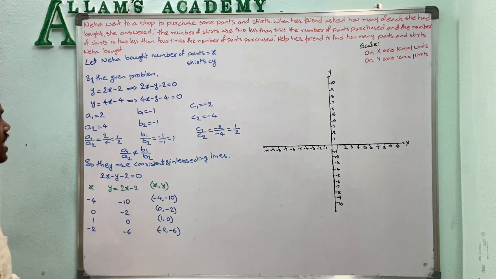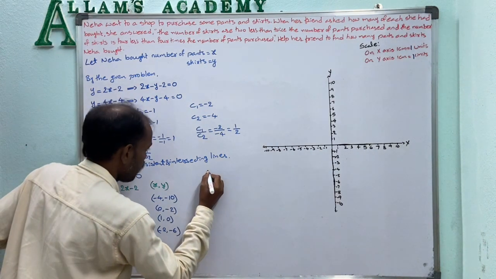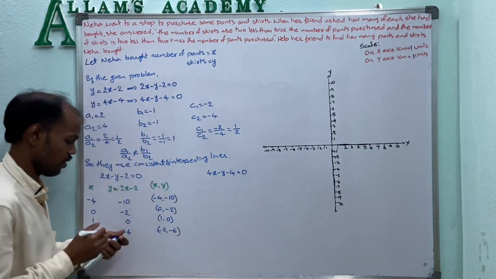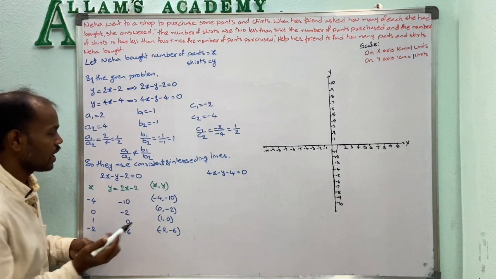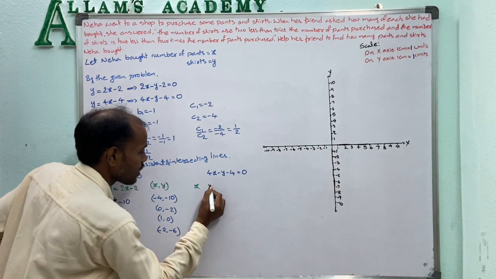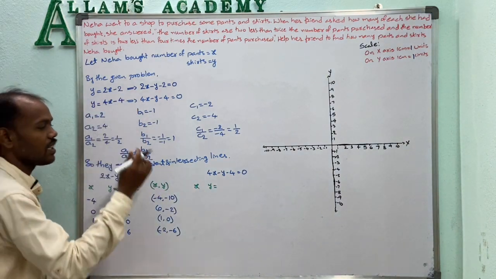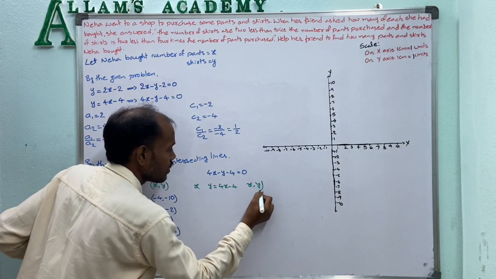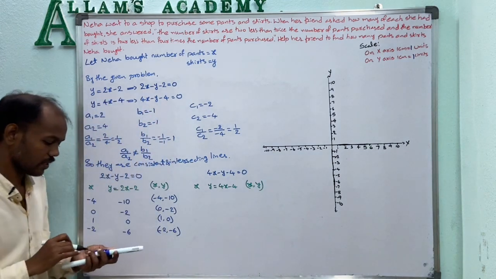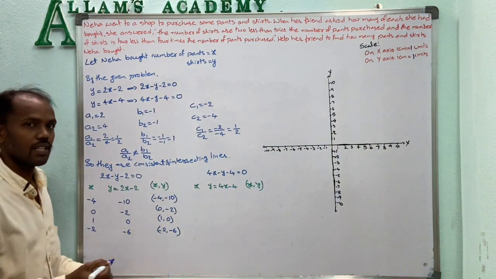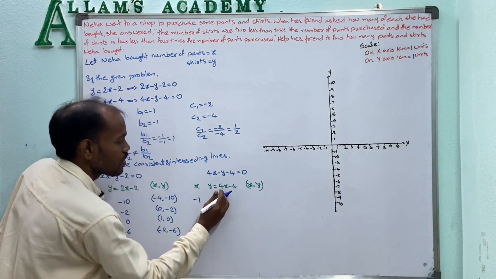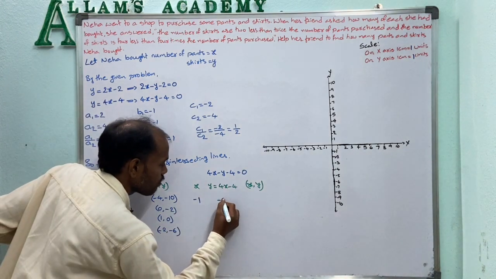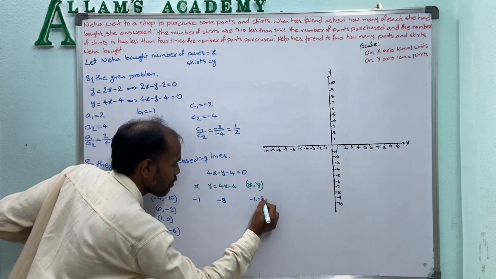Okay, for the second equation, 4x minus y minus 4 equal to 0, we have y equal to 4x minus 4, and the points x, y. If x equals minus 1, 4 into minus 1 is minus 4, minus 4 minus 4 equals minus 8, so for minus 1, minus 8.